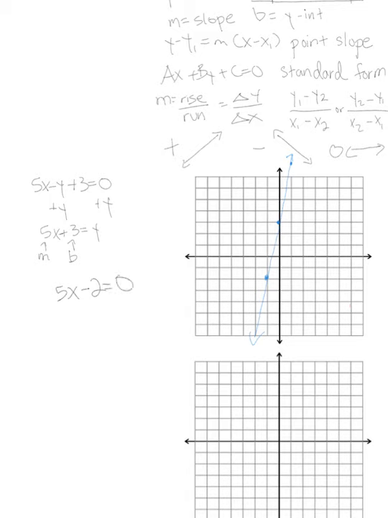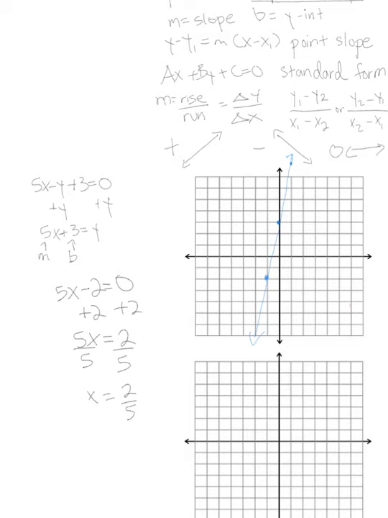We want to rewrite this in x equals form. I know there's only an x, so let's solve for x. Plus 2, plus 2. 5x equals 2. Divided by 5, divided by 5. x equals 2/5.